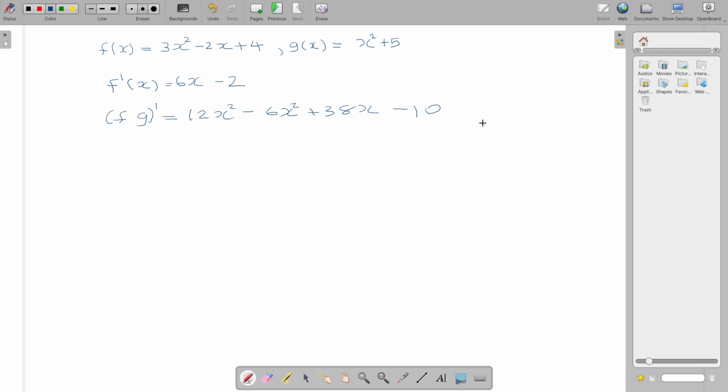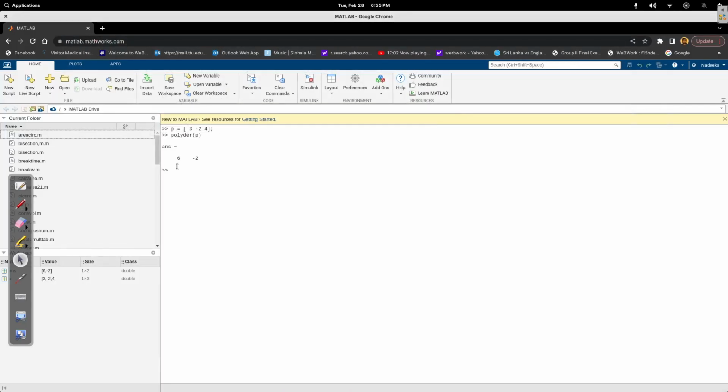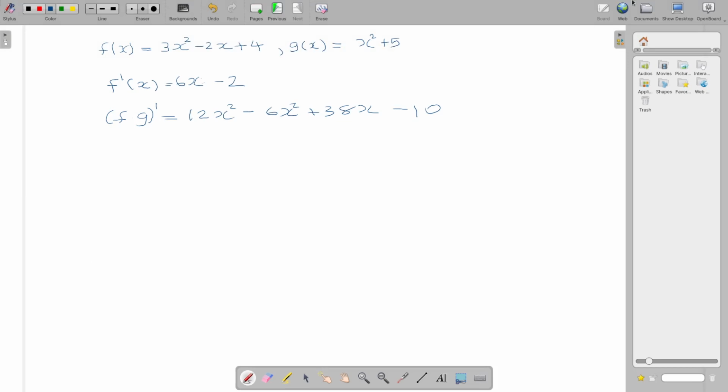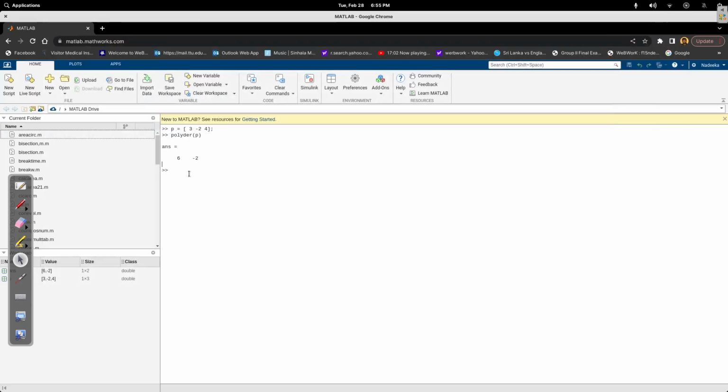So polyder can be used for a product. g is x squared plus 5, so I can create g: the coefficient of x squared is 1, the coefficient of x is 0, and the constant term is 5.